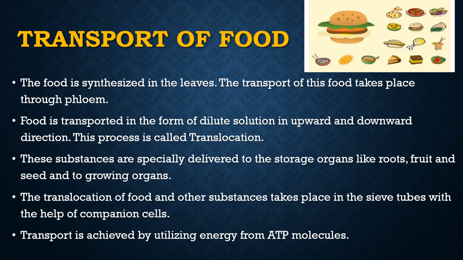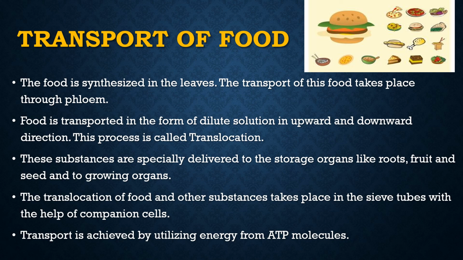But the transport of food occurs only through the sieve tubes. Companion cells help these sieve tubes in the translocation of food. So four components are there: sieve tubes, companion cells, phloem fibers, phloem parenchyma. Out of four, again only one is involved, and that is the sieve tubes.